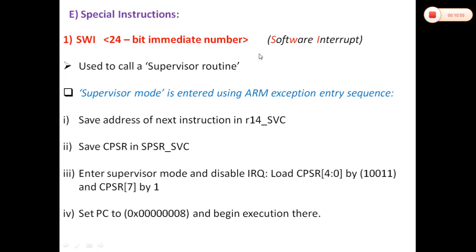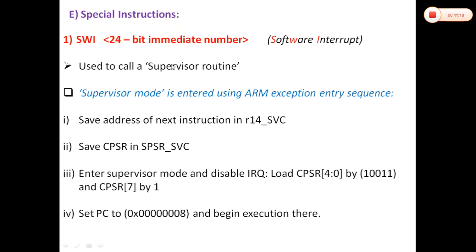Normally the user programs are operated in the user mode. User mode is non-privileged mode, and therefore if the program in the user mode wants to access any hardware module of the system, then it has to go to the supervisor mode and then execute the corresponding routine to handle that hardware module.